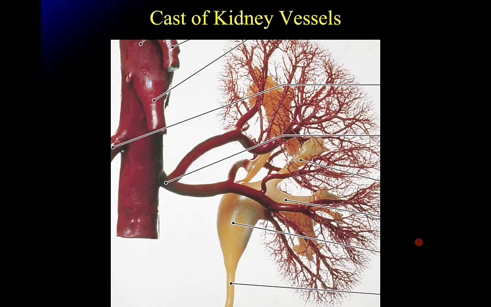We don't have any of the veins, but we do have preservation of the arteries with all of the small branches, which branch out here into the cortex primarily. And then we have things like the renal pelvis, a major calyx, and multiple minor calyces up in here. So this particular cast of the kidney shows us nicely what this urine drainage system is. Minor calyx to major calyx to renal pelvis to ureter.